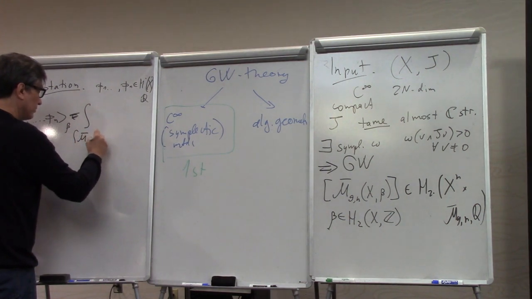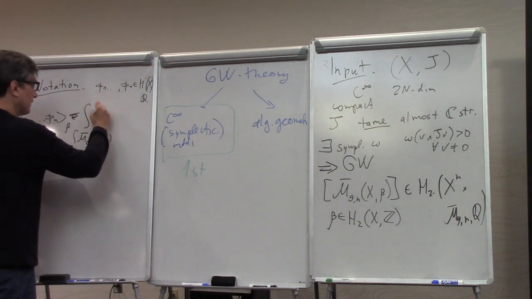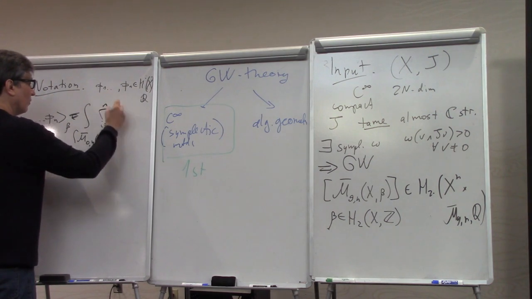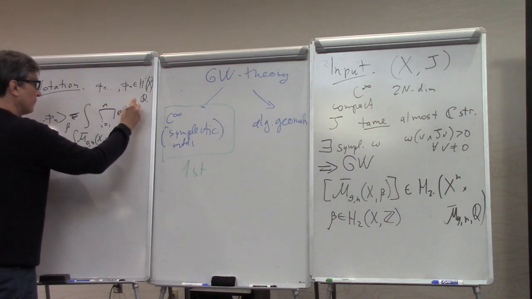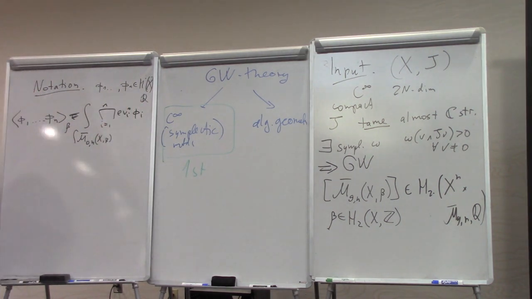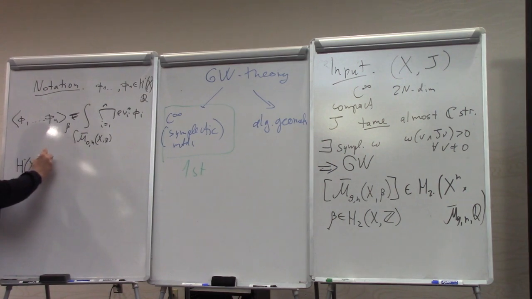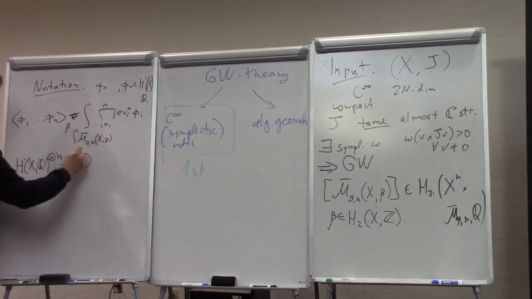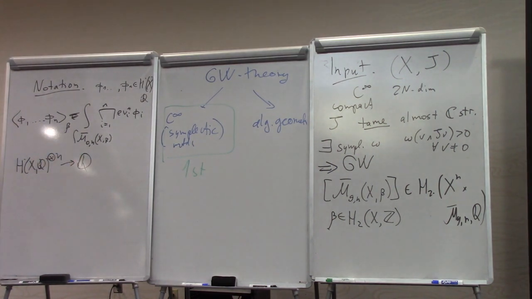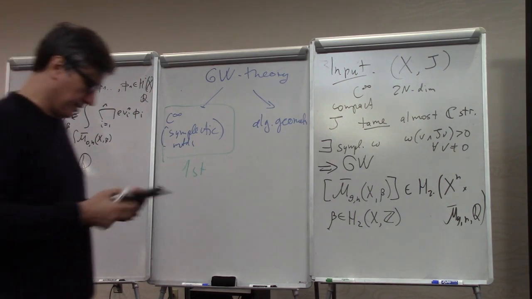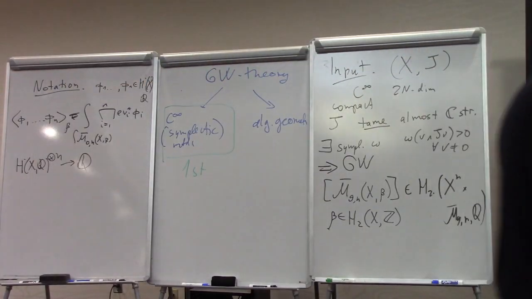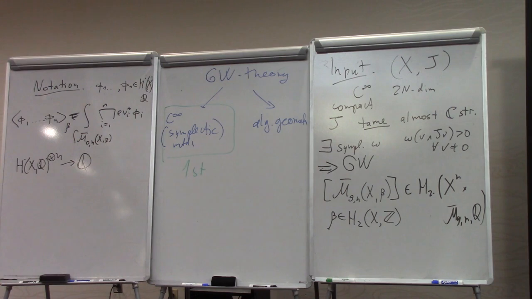From now on, my genus is always 0, and I take the product over all n points of the pullback under the evaluation maps of the classes phi_i, and get a certain number. So I get a map from homology of X tensor Q, tensor to the power n, to Q. Okay, so I get this thing, and they satisfy a long list of axioms or properties.